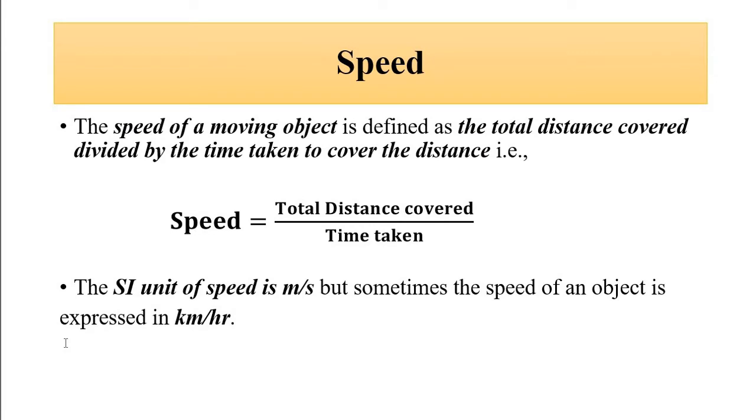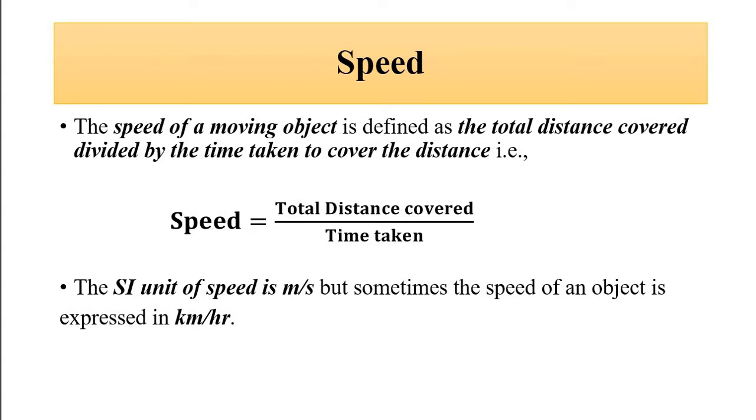Speed of a moving object is defined as the total distance covered divided by the total time taken to cover the distance. Please pay attention to this: distance, not displacement. Total distance covered in a given period of time.